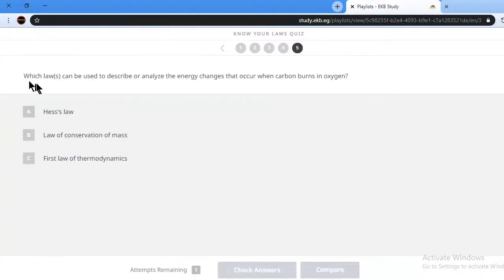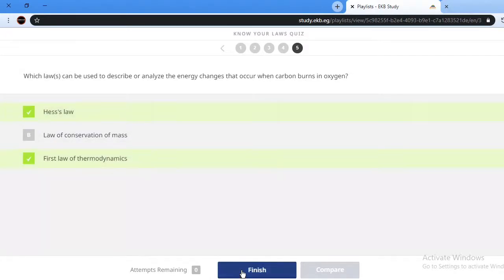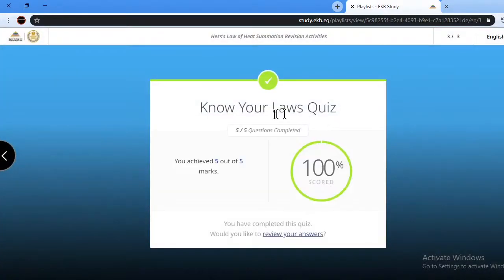Which law can be used to describe or analyze the energy changes that occur when carbon burns in oxygen? First law of thermodynamics and Hess law. Okay, 100%. You achieved 5 out of 5 marks. Now we have finished this question.